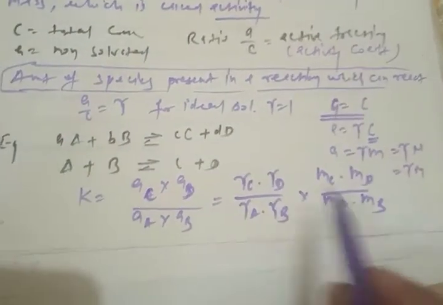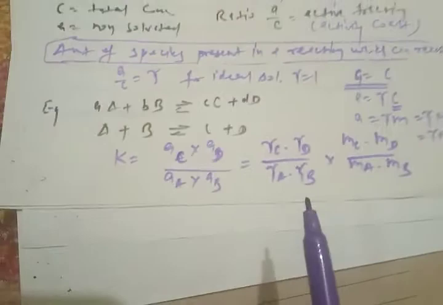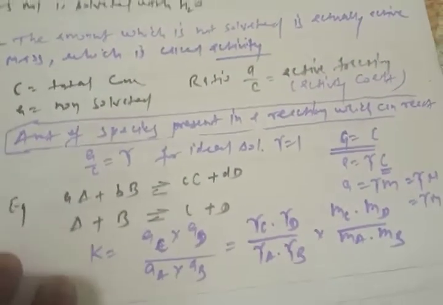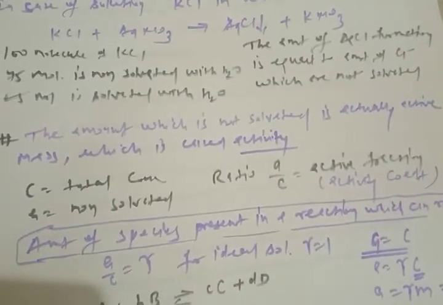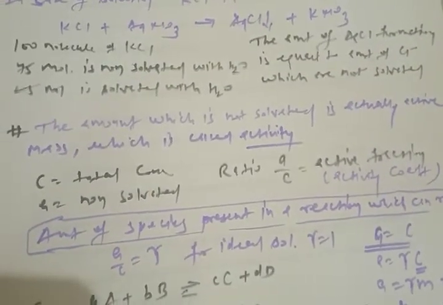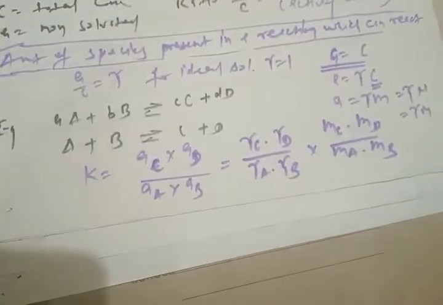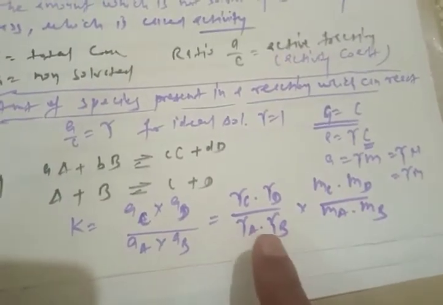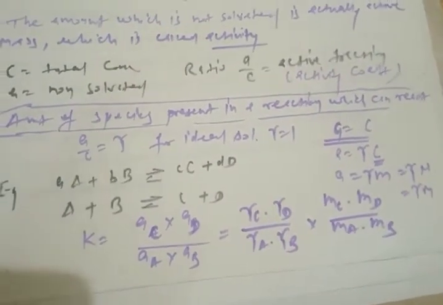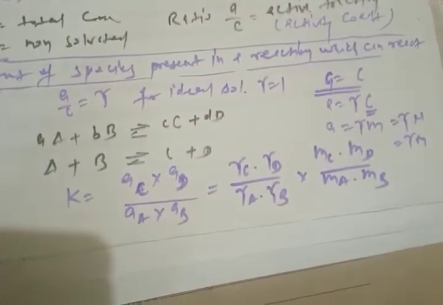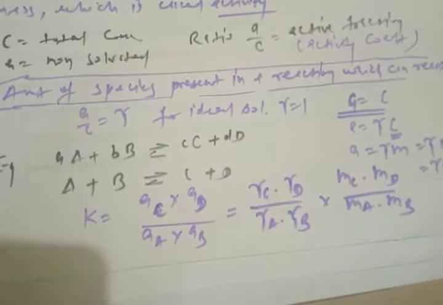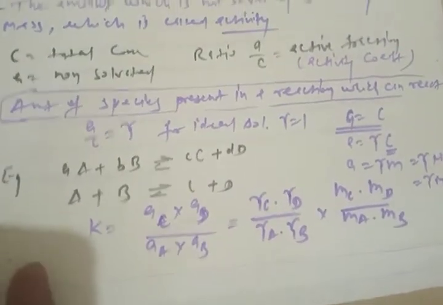So you need to change only here. This is very simple actually. Activity can be any, whereas in terms of concentration you have to mention whether it is molar or normal concentration. But if you are mentioning the activity A, it means the actual concentration takes part, whatever it is, normal or molar.